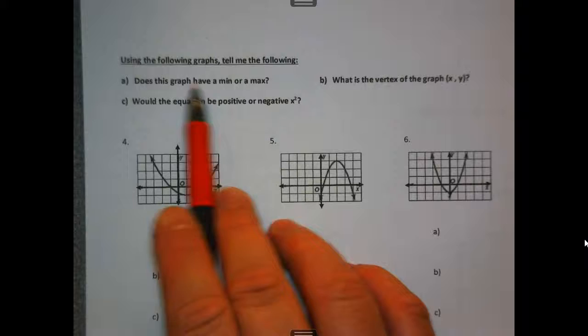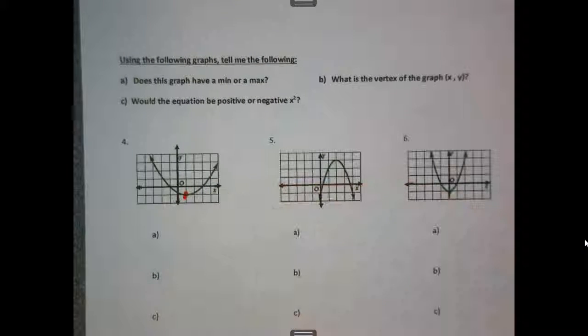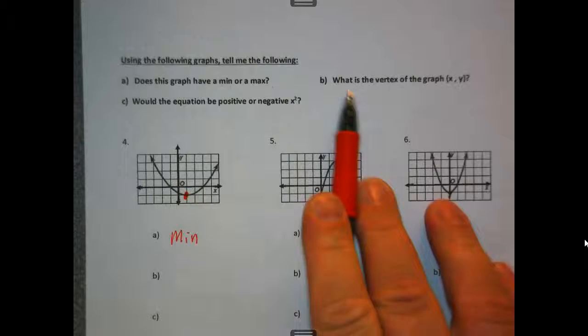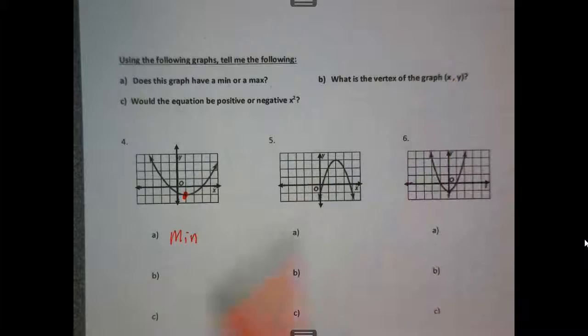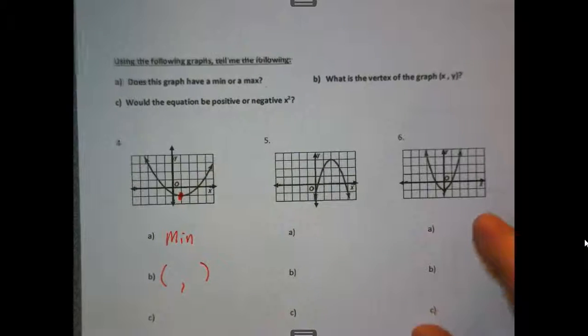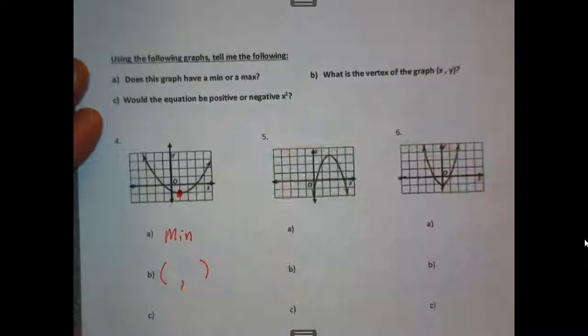Number 4. We're supposed to answer these questions. Does a graph have a minimum or maximum? It opens up, so it has a minimum. B, what is the vertex of the graph? What is the coordinate or the ordered pair of that vertex? Well, I put a point there.